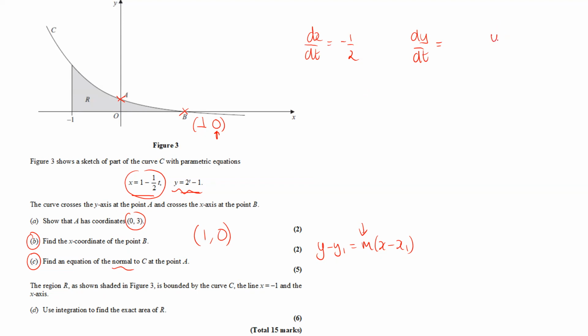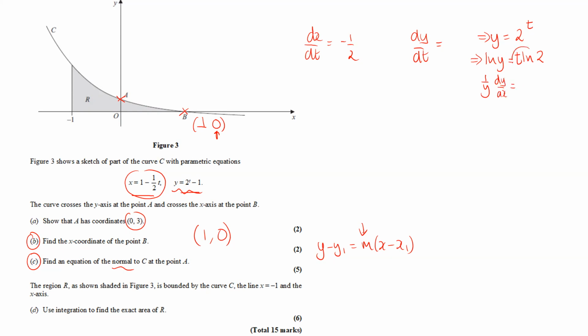We'll go over that. If y is equal to 2 to the t, what you need to do is take logs of both sides. The ln of y is equal to the ln of 2, and bring that t down using your log laws. Now you've gone from an explicit equation to implicit. Remember when we did implicit differentiation before? You differentiate with respect to y, which will be 1 over y, and then because it's not y, you need to write times dy by dt.